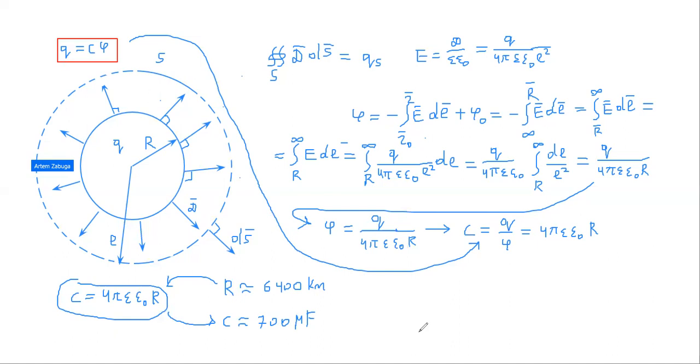So the second question is how to make a device with capacitance that doesn't depend on neighbor conductors or neighbor charges. And this device is known as a capacitor.